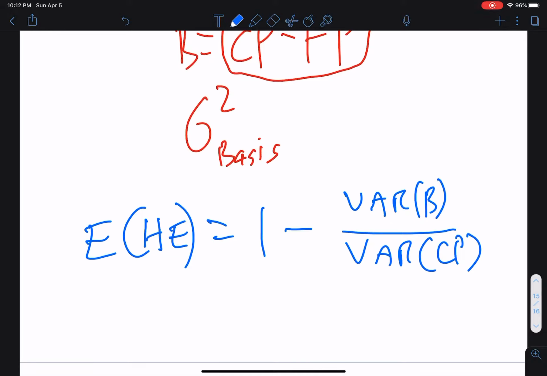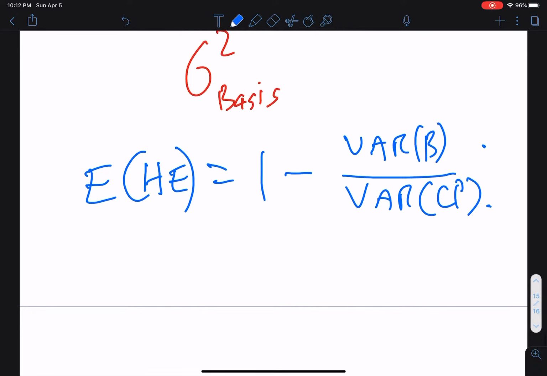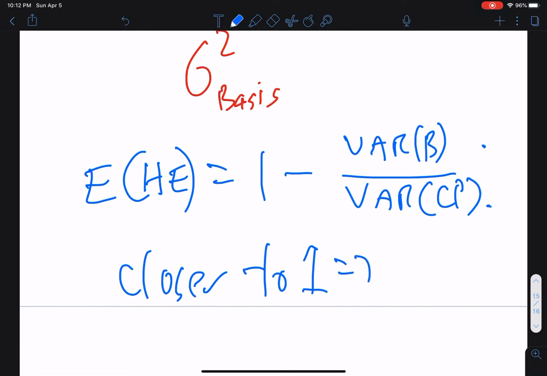So we expect the numerator to be small and the denominator to be much larger, and therefore it's 1 minus a very small number. So closer to 1 implies better hedge.